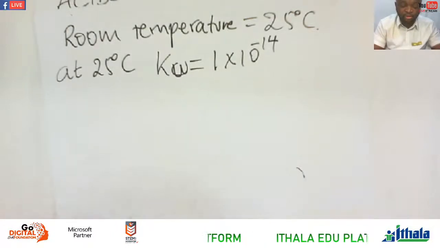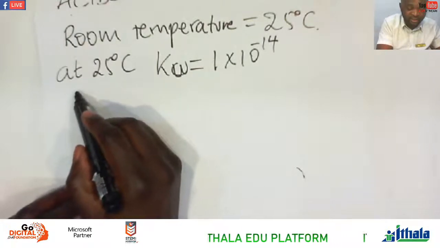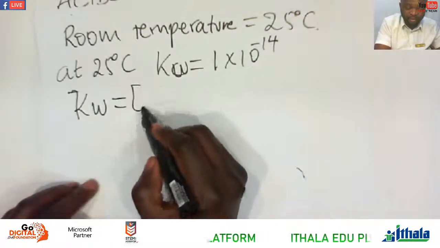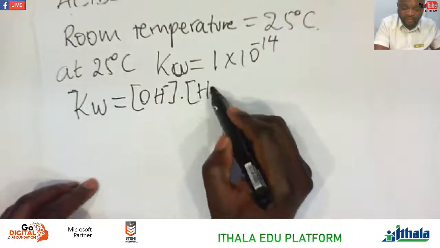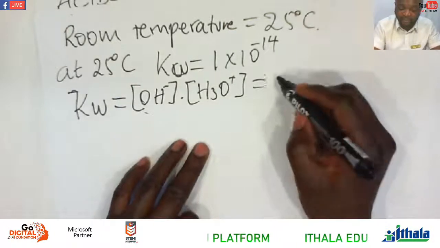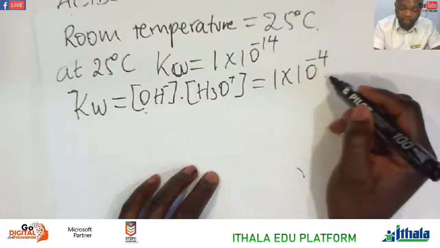And we know that we got this Kw by taking the product of the concentrations. So Kw was what? The concentration of OH minus times the concentration of H3O plus. And this product at room temperature gives us 1 times 10 to the power negative 14.